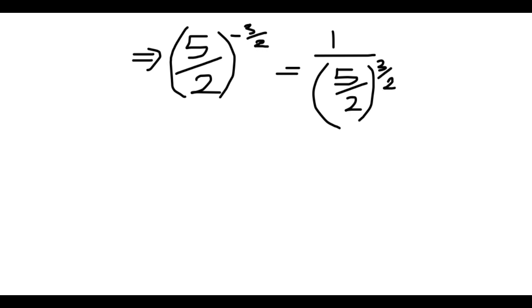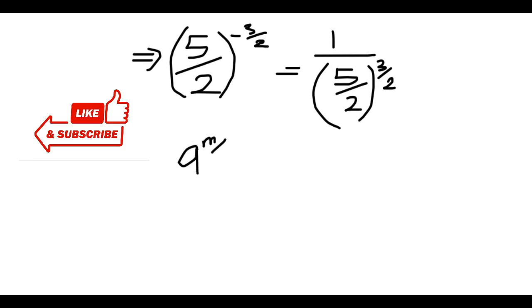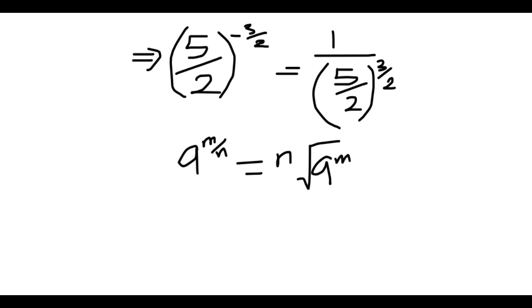So from here, the next thing we need to do is to consider another property which says a power m over n can be written as the nth root of a power m. Putting the expression in this format, the denominator is what we are considering first.